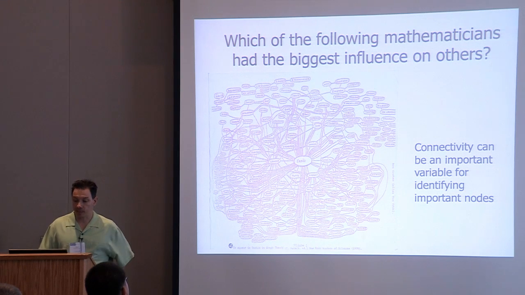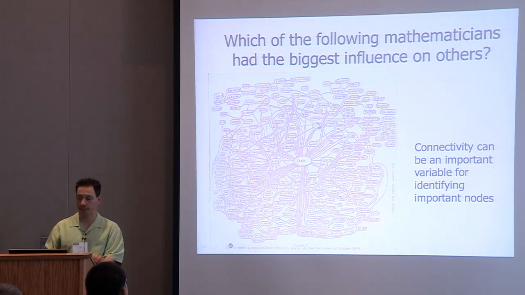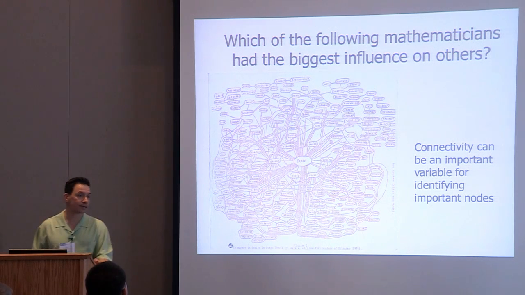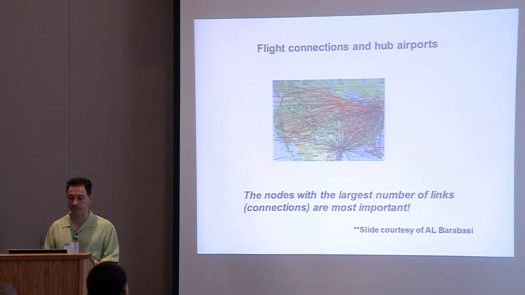If I ask you who was the most influential mathematician here, then hopefully you see there's this guy, Paul Erdős, who connects to everybody. That's a hub, highly connected. So in this context, one would say connectivity is clearly a valuable statistic for finding important nodes.